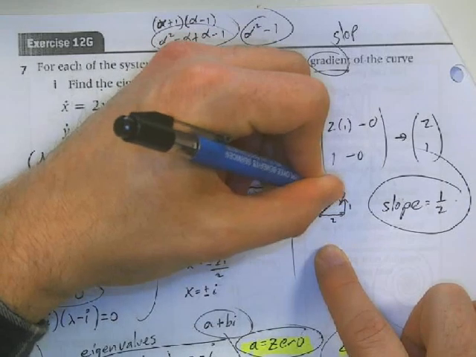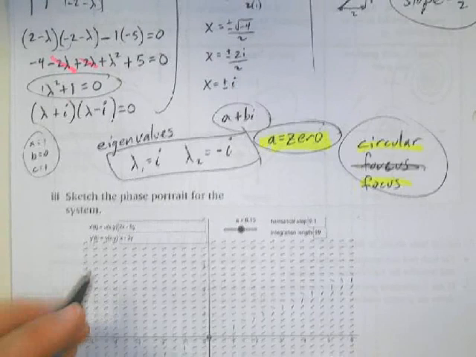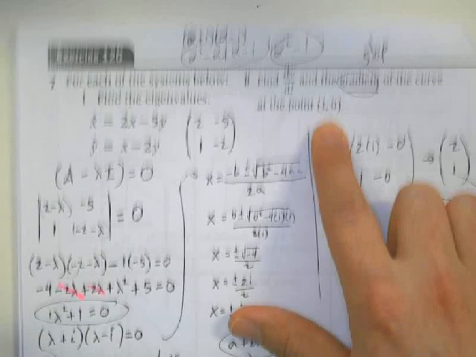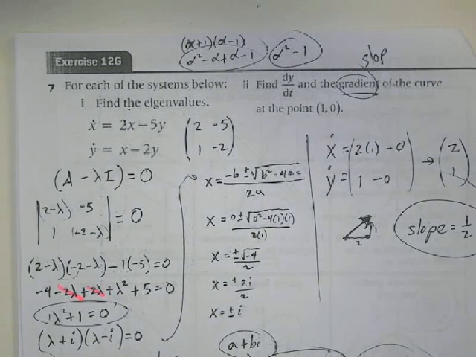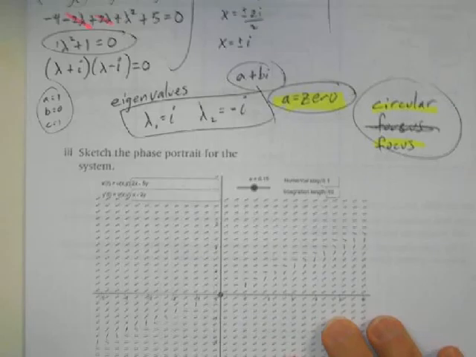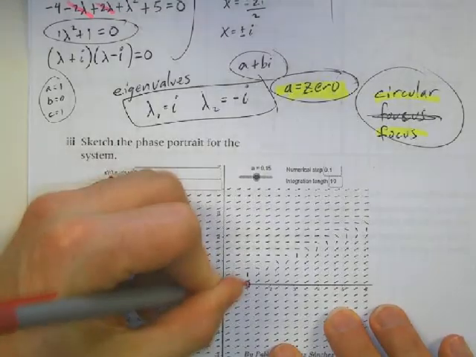Okay, so let's draw a curve starting at 1, 0, sorry. So I've got my dot here at 1 comma 0.